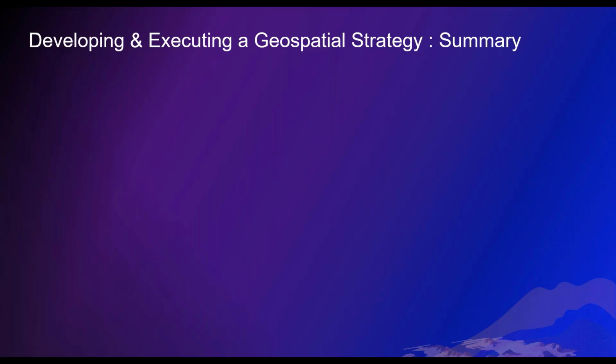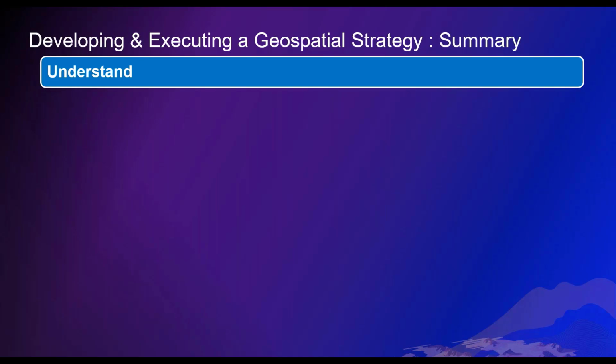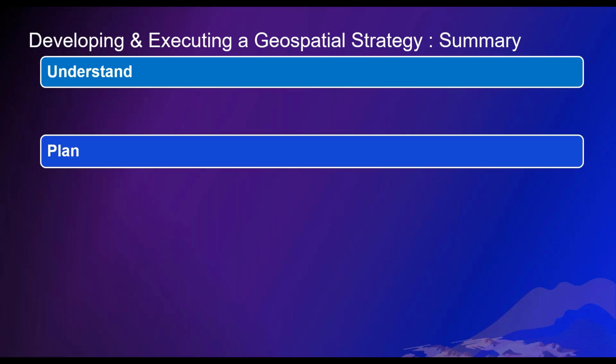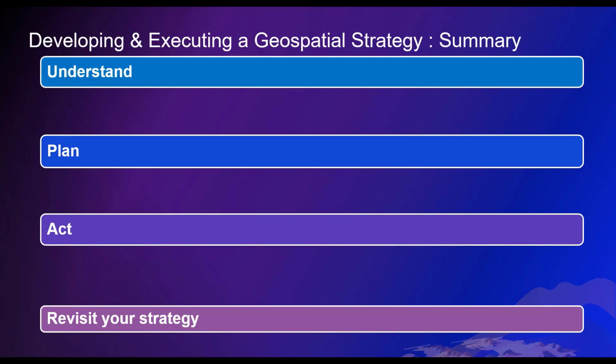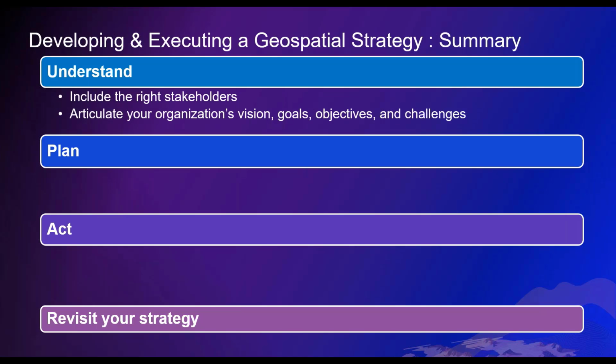Okay, so I know that was a lot of information to digest, and we'll have time for some questions in the chat, but first I just want to review a quick summary of what we just covered. So the 4 phases to develop and execute a geospatial strategy are understand, plan, act, and revisit. In the understand phase, you include the right stakeholders and articulate your organization's vision, goals, objectives, and challenges.